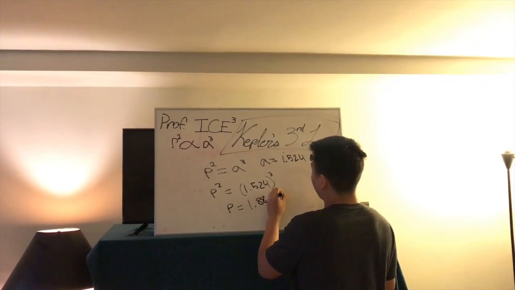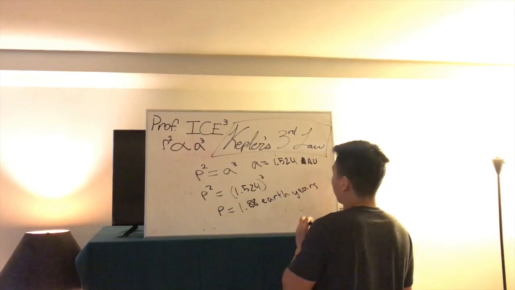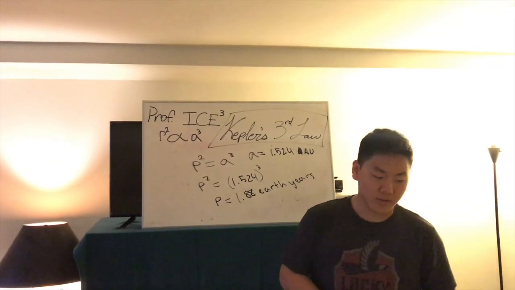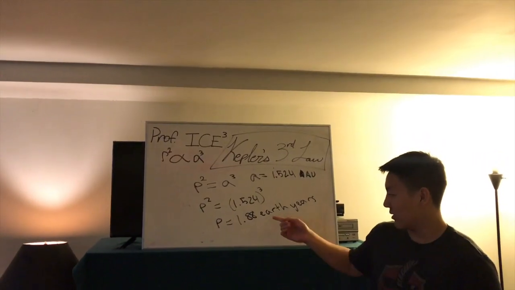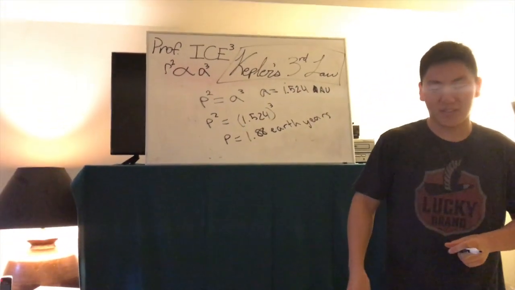So, if you don't know when to travel to Mars, probably you want to go during summer, when it's summer in 1.88 Earth years.